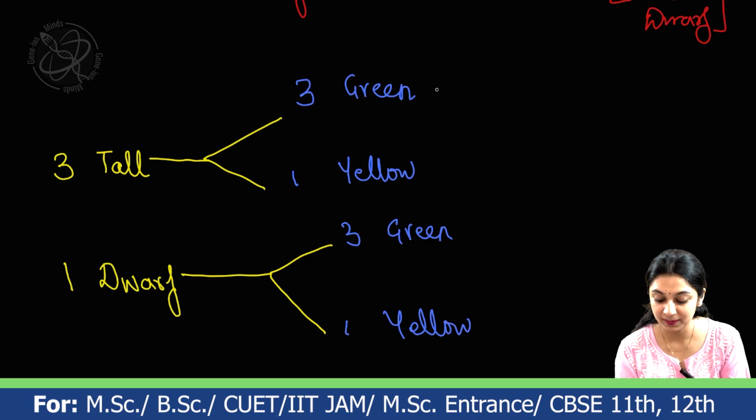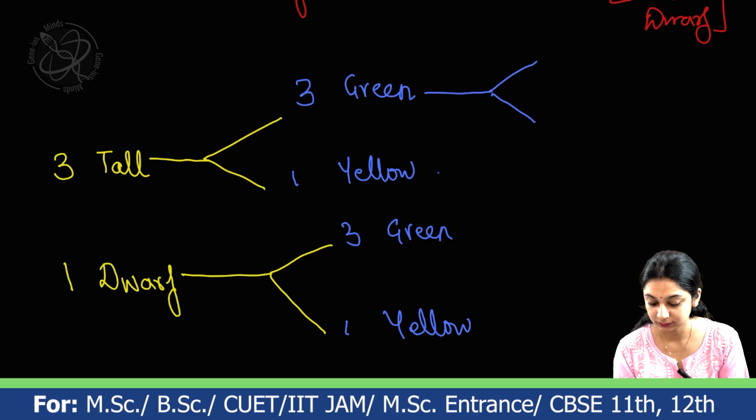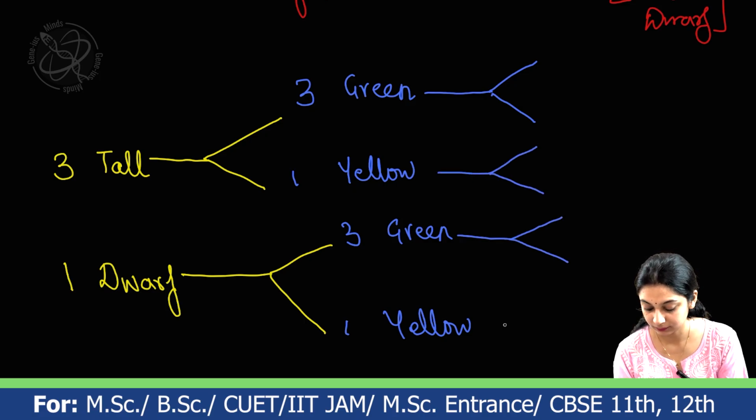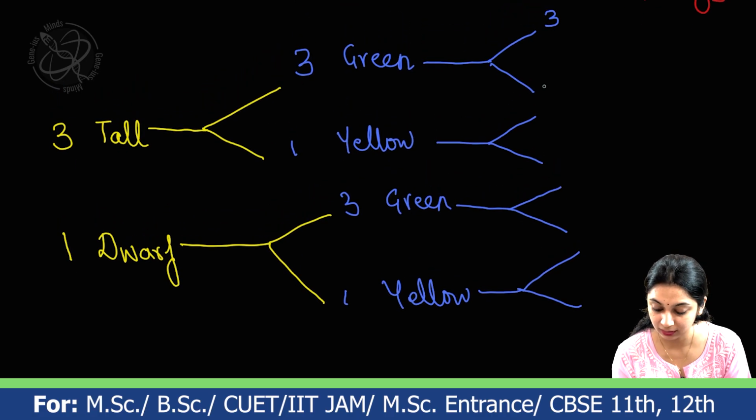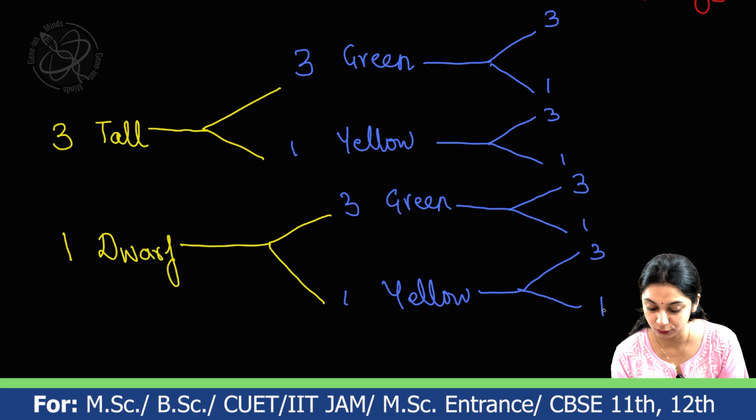Now the next step is again to extend this fork. Now what do we have? 3, 1. 3, 1. In a similar manner, you can fill the remaining forks also.